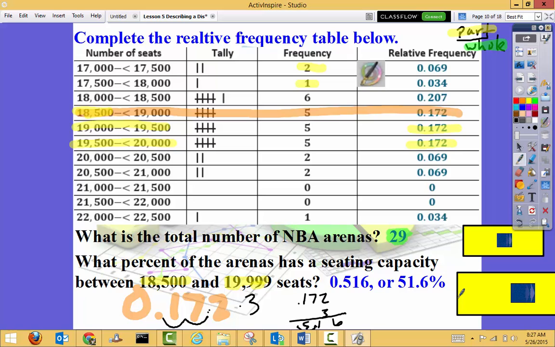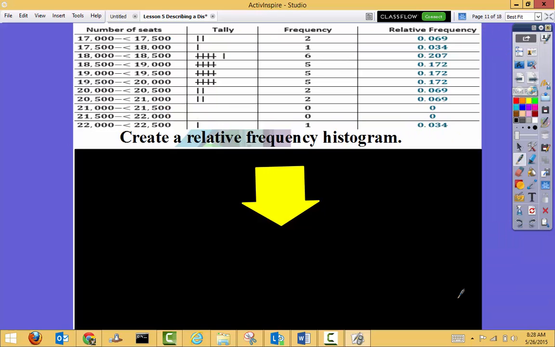And then I take that decimal 1, 2. So make sure, statistics seems really easy, but most of the times the mistake is because you forgot to look at your question carefully. So 51.6% have this seating capacity because I'm looking from here all the way up to that 19,999.